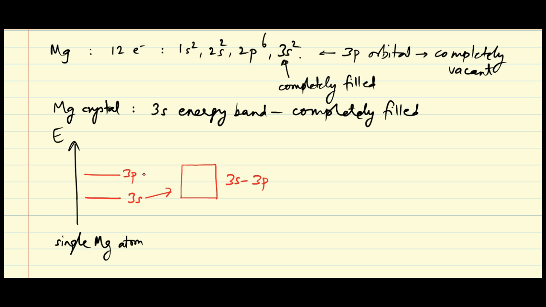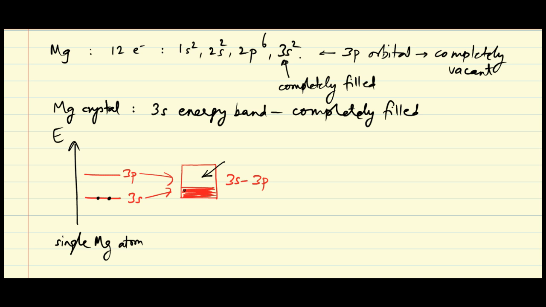It comes from this as well as this, and naturally there are going to be some filled states because the 3s energy levels are completely filled in their individual atoms. So these electrons are going to be there in the 3s 3p combined band. But remember, the 3p energy level is vacant in a single atom, so naturally there are going to be some vacancies too.